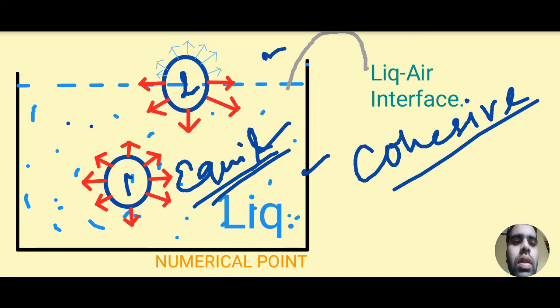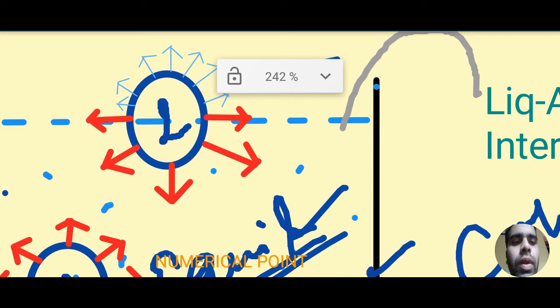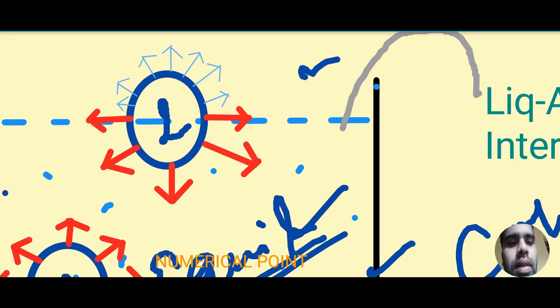But if we look at the surface molecule, then what happens? The forces that act on it are of two types. One is cohesive forces acting from the lower part of the liquid, and the other is adhesive forces due to air acting on the upper part.